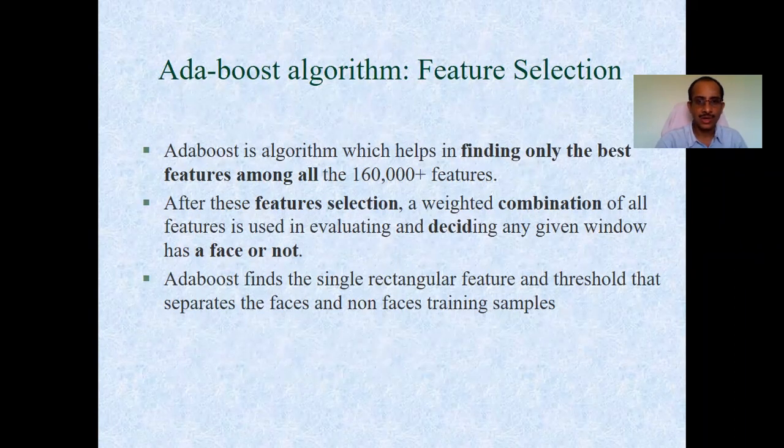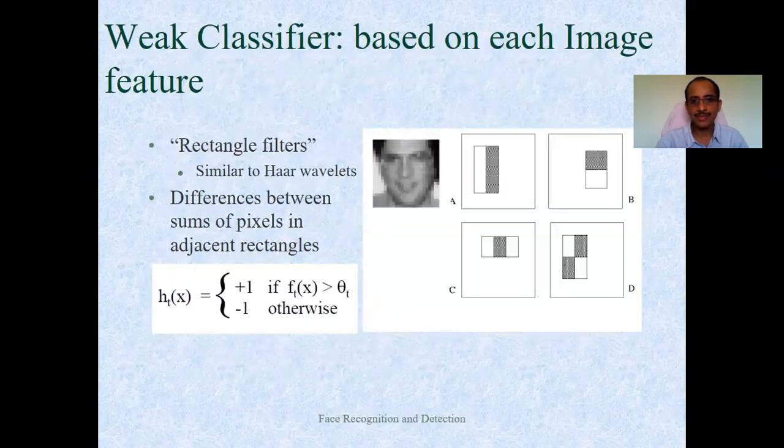What the Adaboost algorithm does is assume each feature, when we compute it, gives us a clue of face or not face. That means each feature is a simple classifier. If I put a feature block at a given location and say that, if I perform this operation, it has to be greater than a threshold for having a face, assume that.